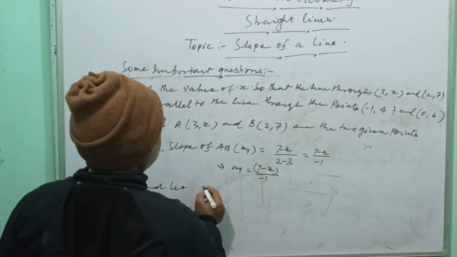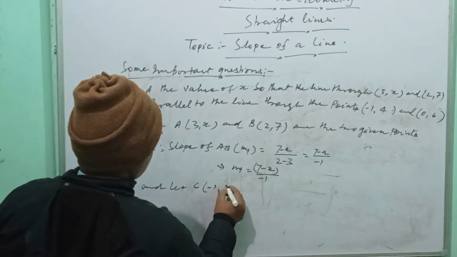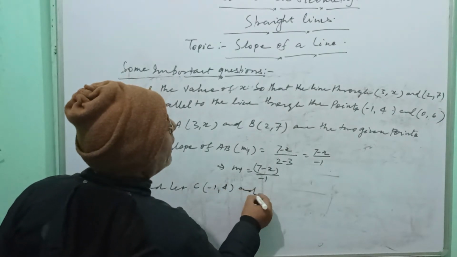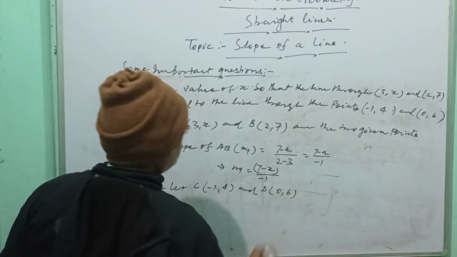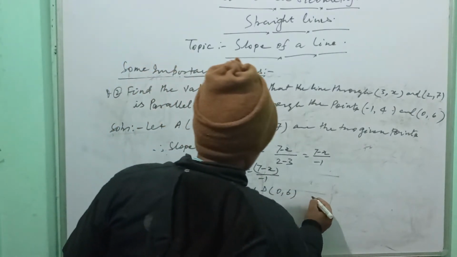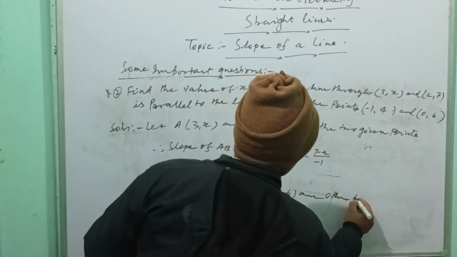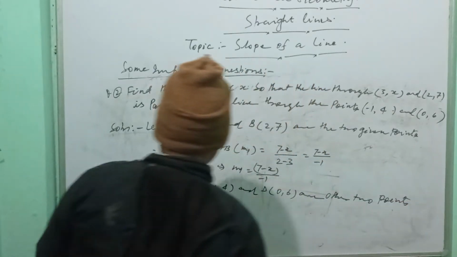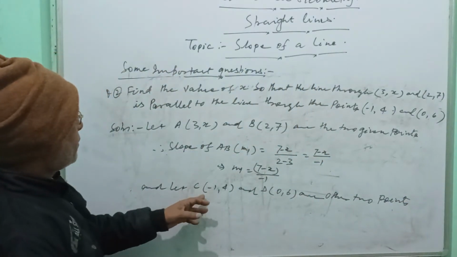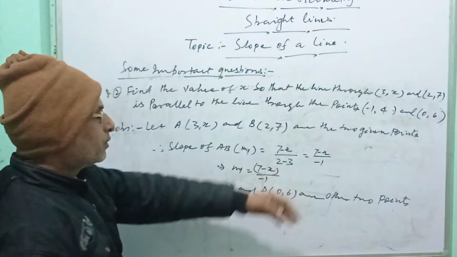And let C (minus 1, 4) and D (0, 6) are other 2 points.